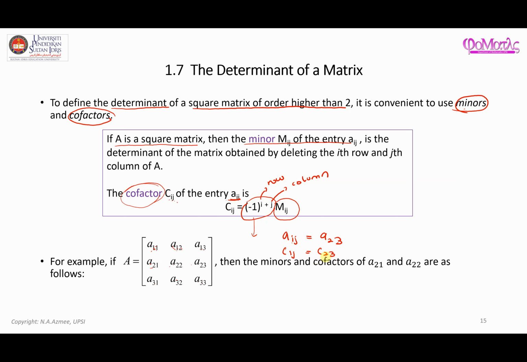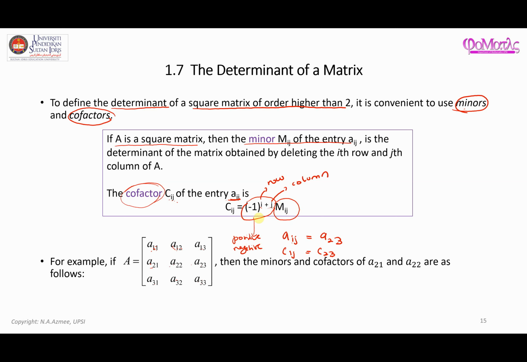The same values, 2 and 3, are used at this position. So 2 plus 3 is 5, and negative 1 to the power of 5 is negative 1. Basically, this part is just to determine whether the value of the minor is going to be positive or negative.